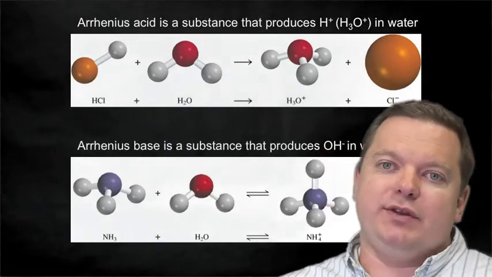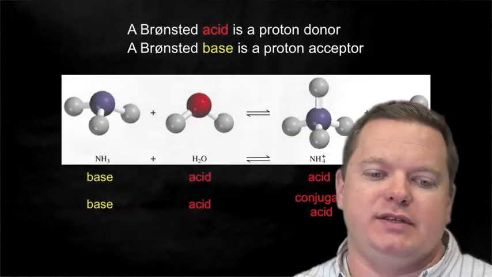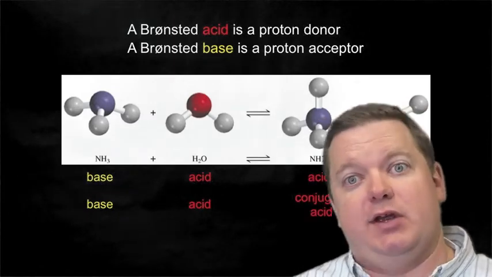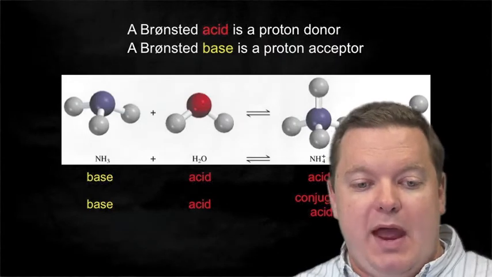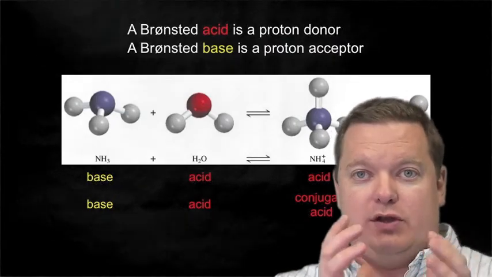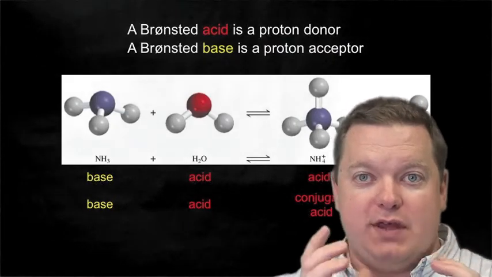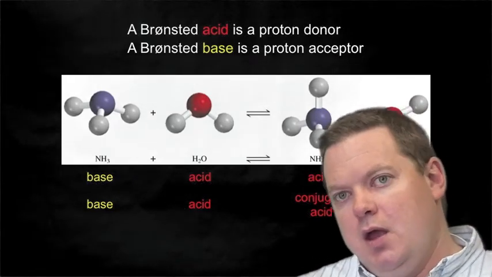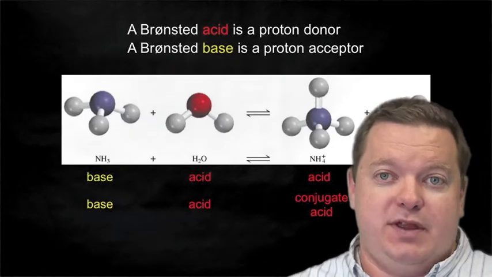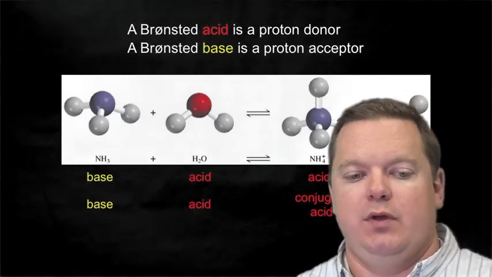To make a more general definition, remember we have this Bronsted-Lowry definition, or Bronsted definition, of an acid and a base. A Bronsted acid is a proton donor, so we're transferring this proton, this H plus, from one species to another. We call that an acid. A base is something that accepts that proton.